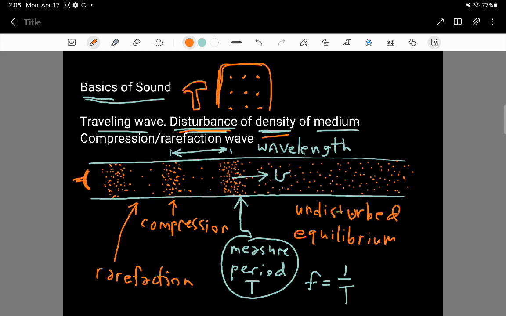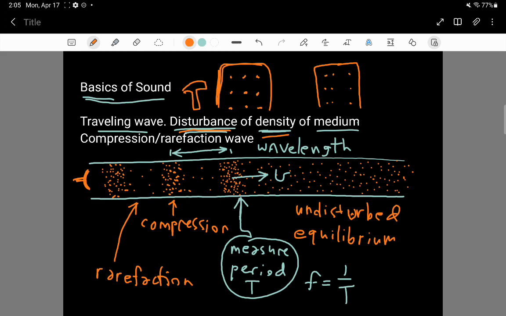Right after I hit it, a disturbance is going to show up and it's going to look like this. So I hit it on this side, and so these molecules get squeezed together in the direction that I hit it, but off to the right, these molecules haven't been disturbed yet, right?